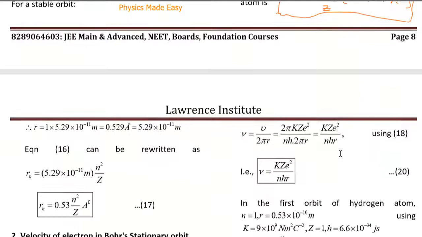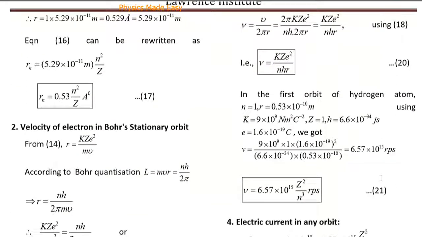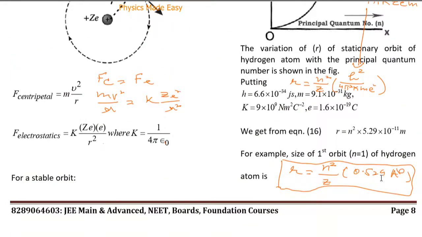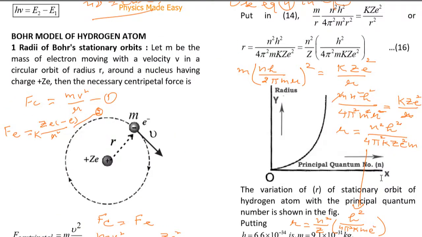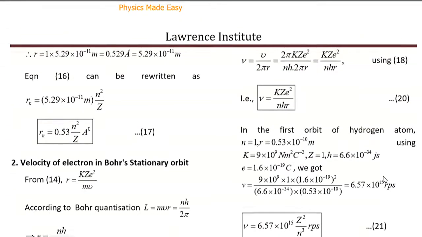From here, what did I conclude is that the radius of the orbit r is directly proportional to n square and inversely proportional to Z.